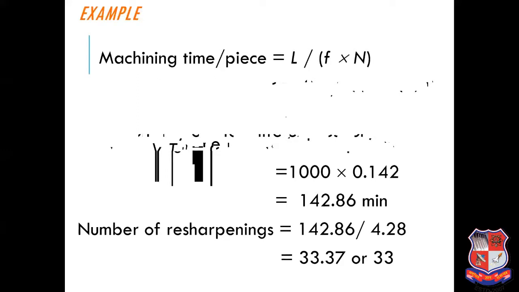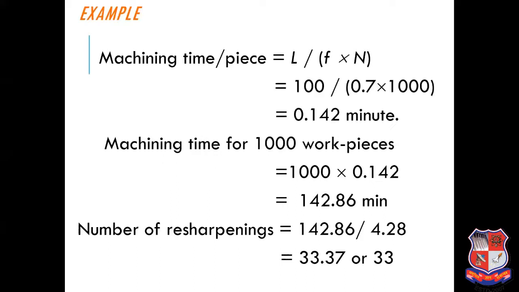That can be found out by using this formula, T is equal to L divided by F into N. So L, the length of the job, is given, feed is given, 1000 RPM is given. We can find out that 0.142 minute is required for producing one piece. So how much time is required to produce 1000 workpieces? By multiplying with this time, we will get 142.86 minutes required.